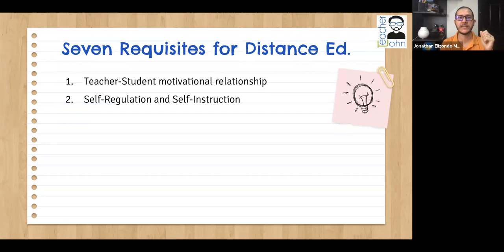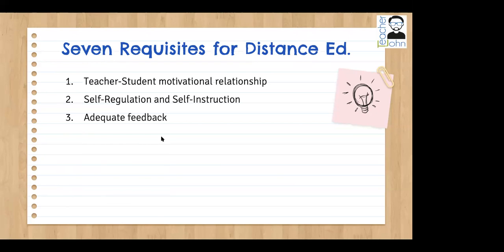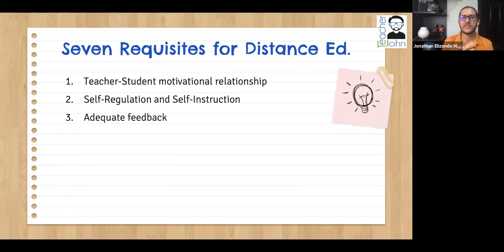What should I do to avoid distractions? What should I do to memorize this content? What is it that I should do to actually pay more attention in class? Then I need adequate feedback. Now, by adequate feedback, it's not just telling students what they did wrong, it's also giving them some orientation on how to improve.